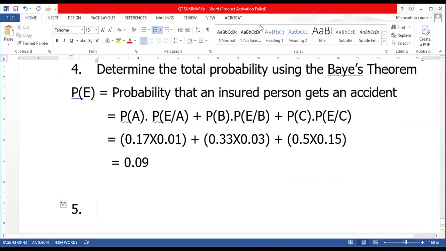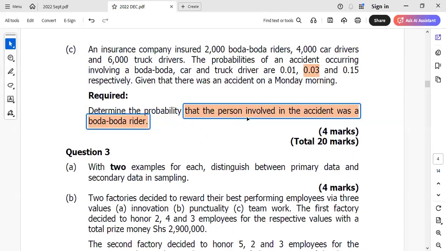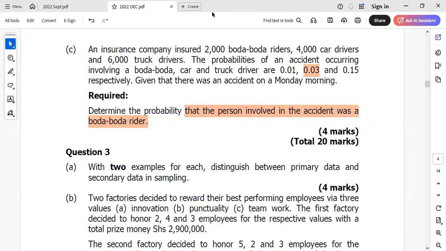The last step, look at the required part. When you look at the required part, we are told to determine the probability that the person involved in the accident was a border rider.